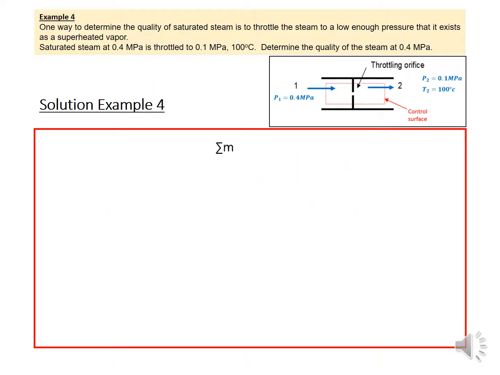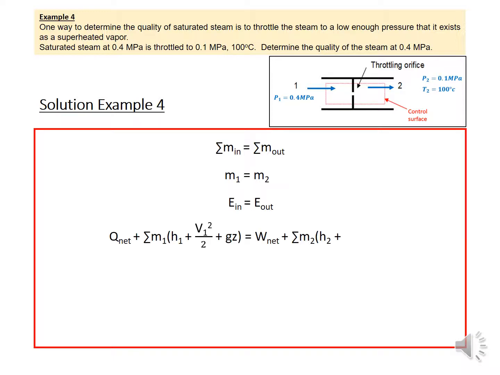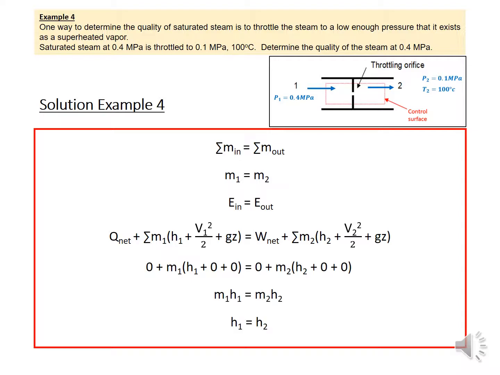Now, we apply the conservation of mass and also the conservation of energy. We expand the equation, which is the combination of the conservation of mass and the conservation of energy, and we get M1 H1 equals M2 H2, so H1 equals H2.